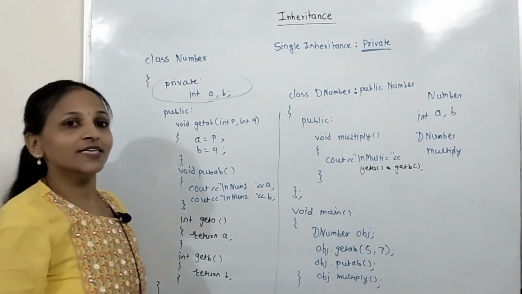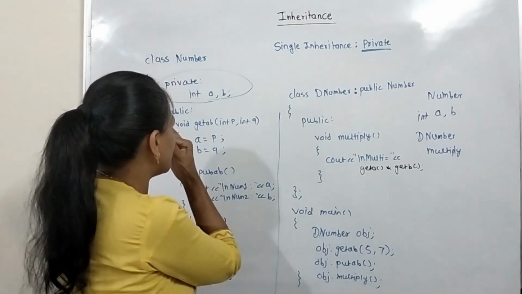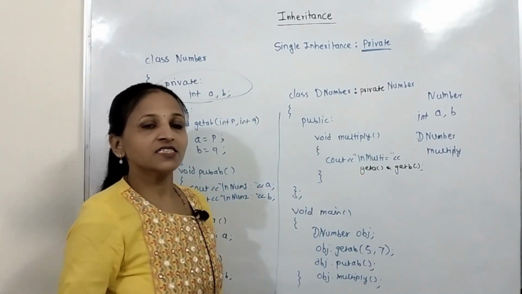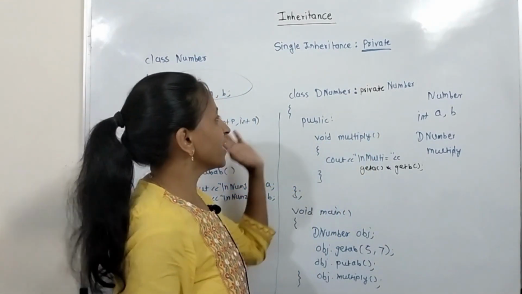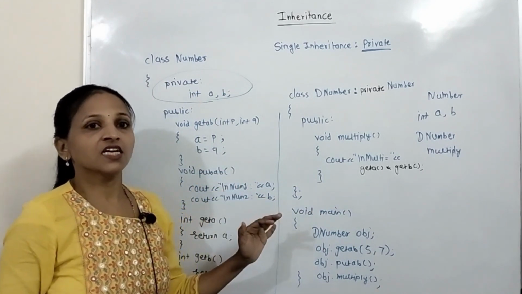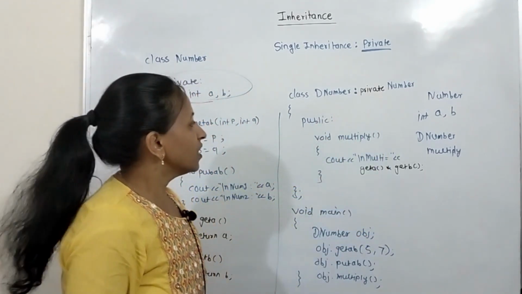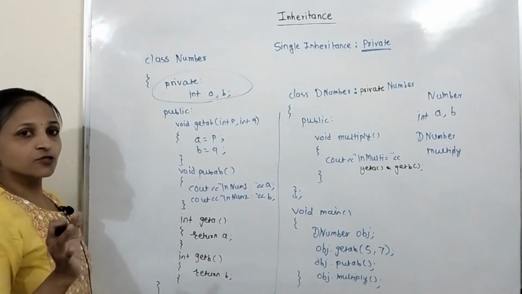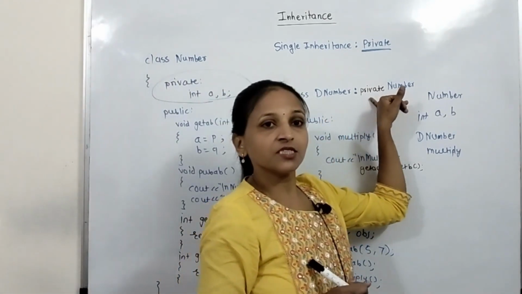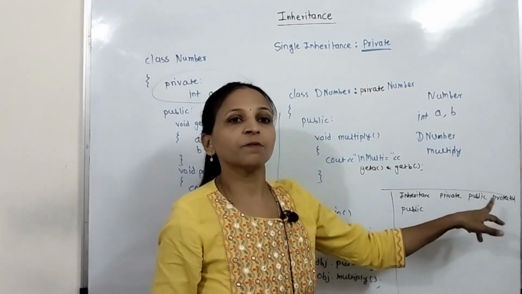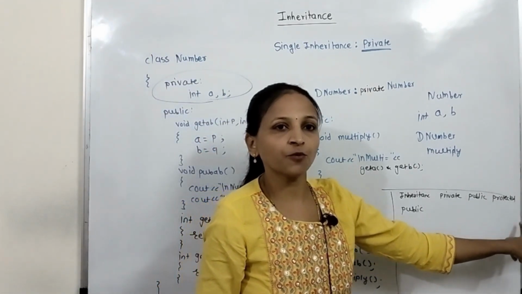Getting? Now suppose I am making this part private. This is called privately inheriting a class, meaning here we are using private inheritance. Now what will happen? See, in case of public inheritance, inside a class some members are private, some members are public, and some members are protected.